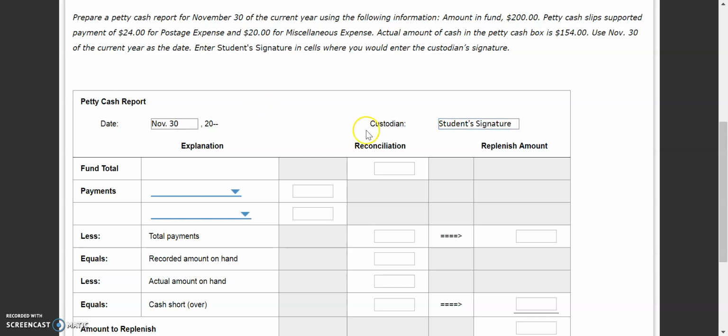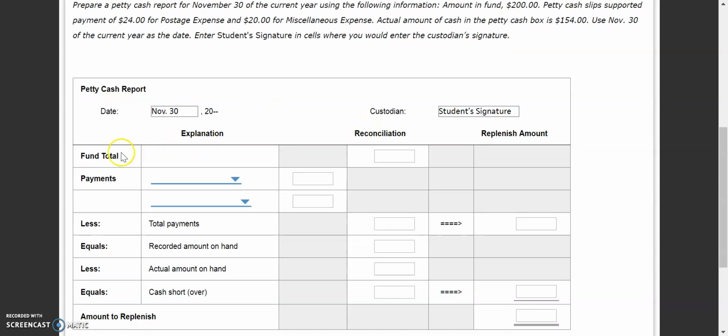Okay, so we start off with how much is actually in the fund. So it's set up here that the amount in the fund was $200. So we're going to plug $200 in as the fund total. Then, throughout the course of the month, what did we actually make payments for? Well, up here in our instructions, it says that there were petty cash slips that supported payment of $24 for postage and $20 for miscellaneous.